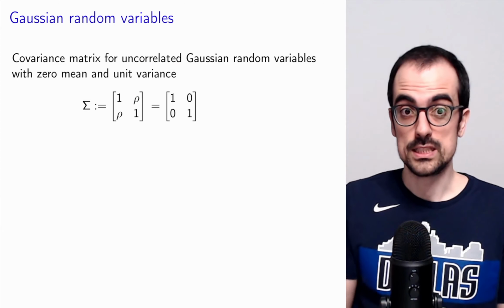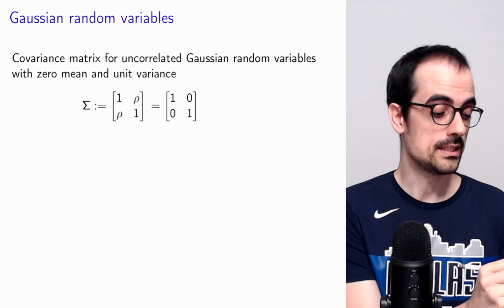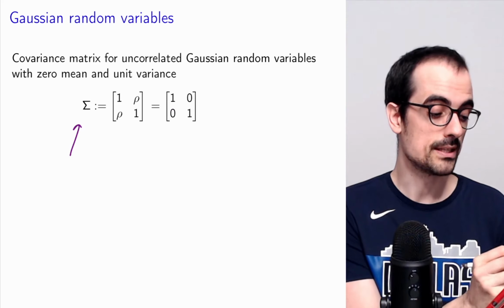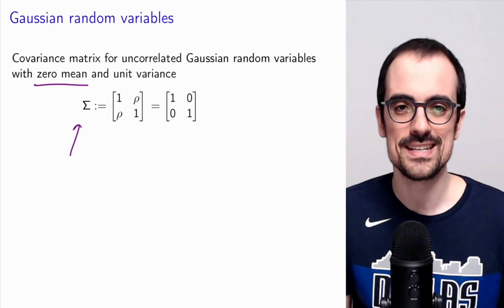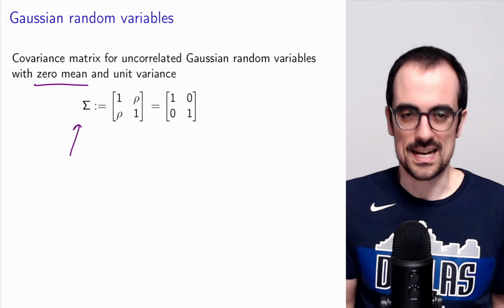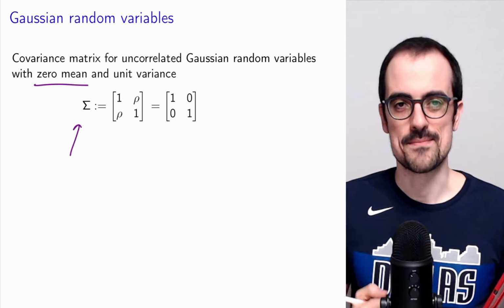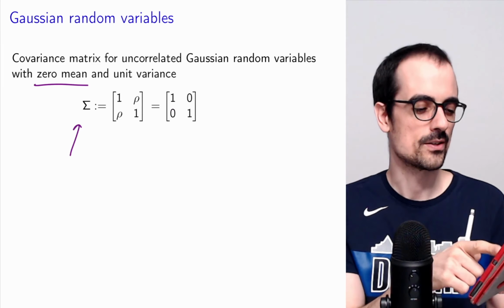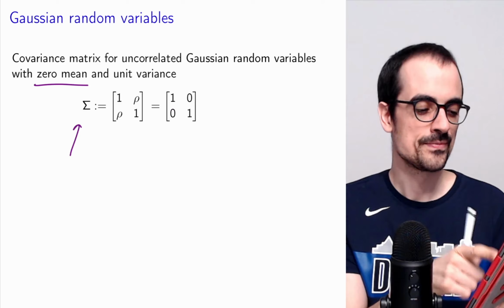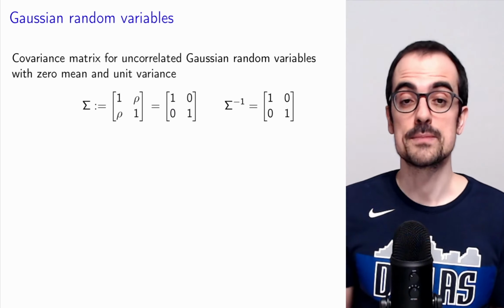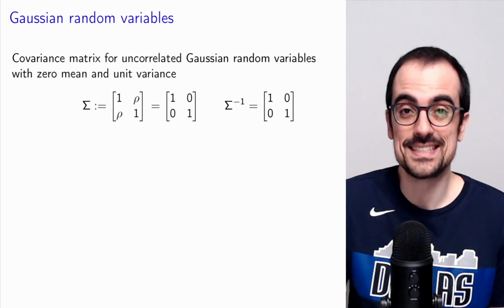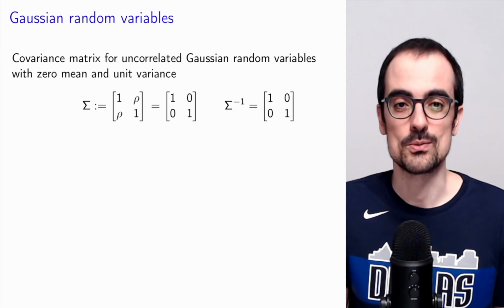So the distribution only depends on this covariance matrix parameter because we're assuming zero mean just to make our life easy. But it makes no difference. You could repeat the same argument for non-zero mean Gaussian random variables. The inverse of the covariance matrix parameter is really easy because it's the identity. The inverse of the identity is just equal to the identity.